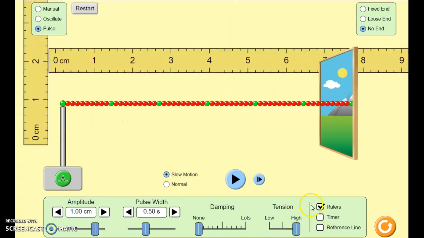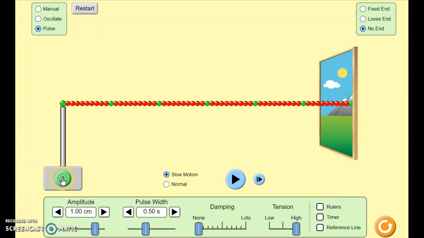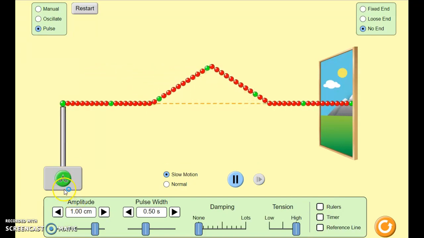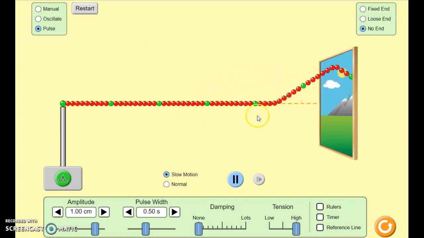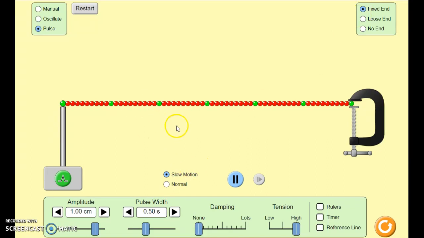You can see that when I pulse this, I'm going to fix this end so that the wave reflects back on itself, okay?